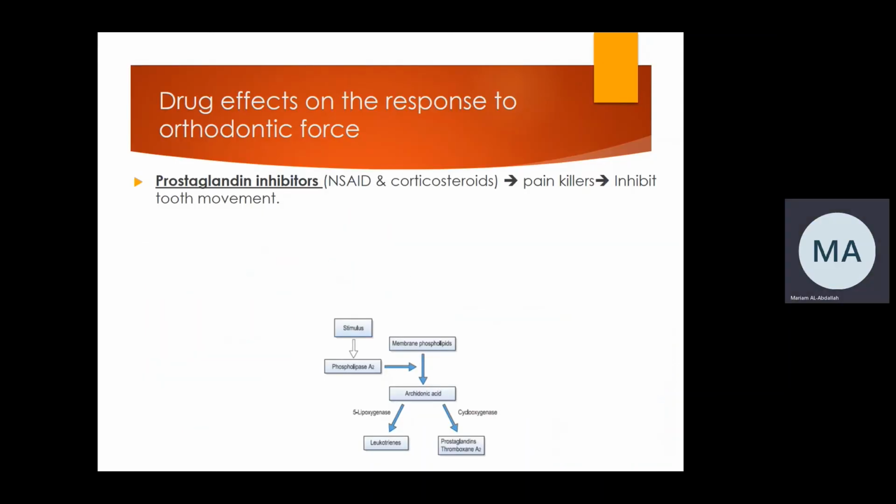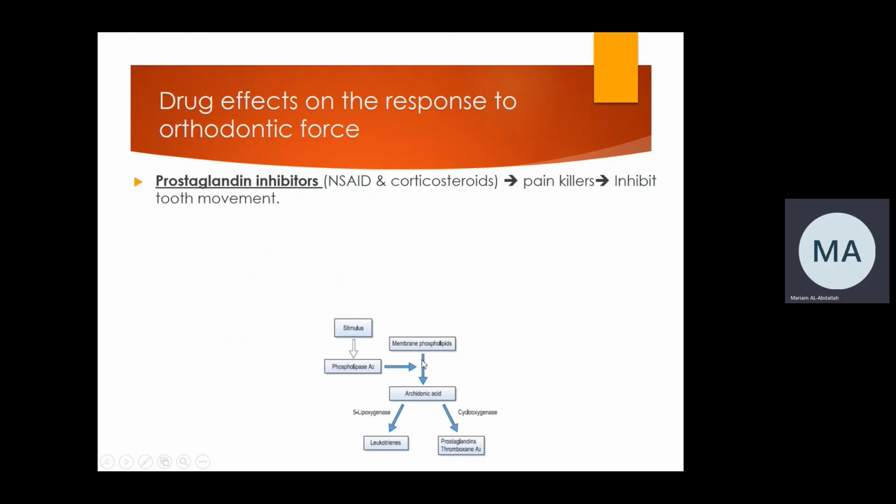Now, what's the effect of drugs on orthodontic tooth movement? If you remember, when we have a pressure on the tooth, we will have disturbance of the cell membranes of the different cells found within this area.